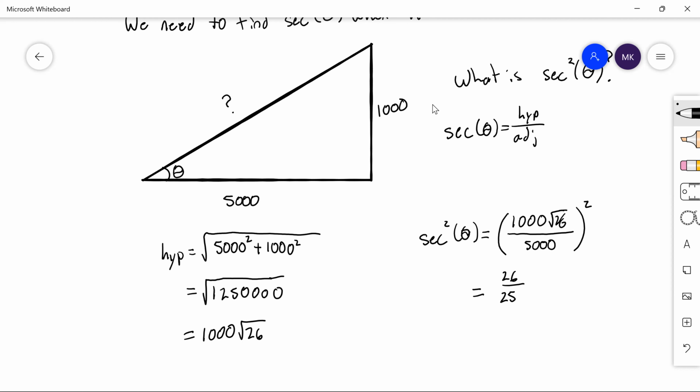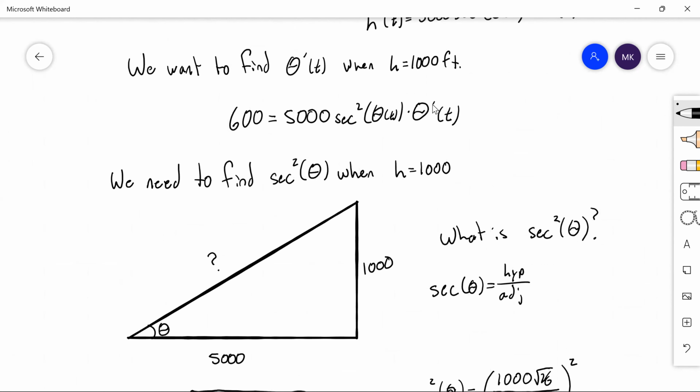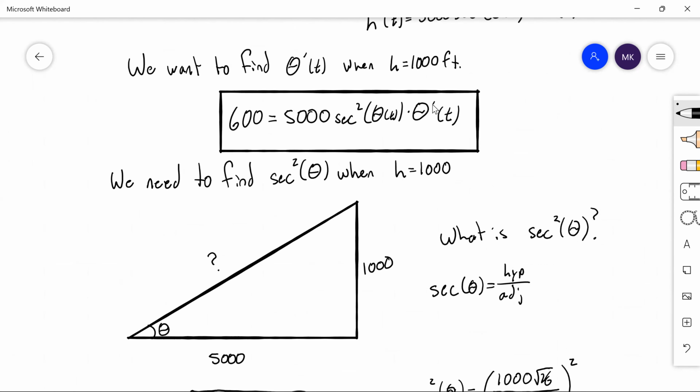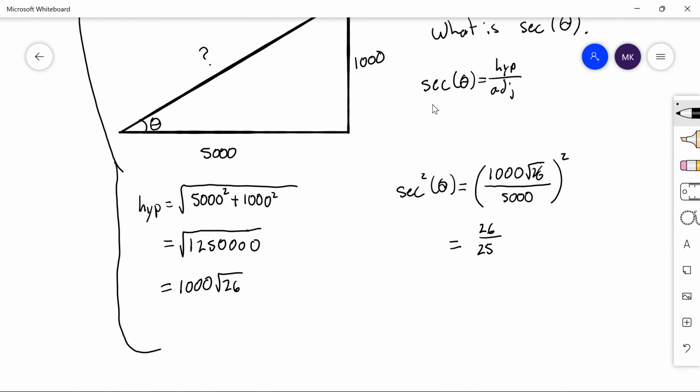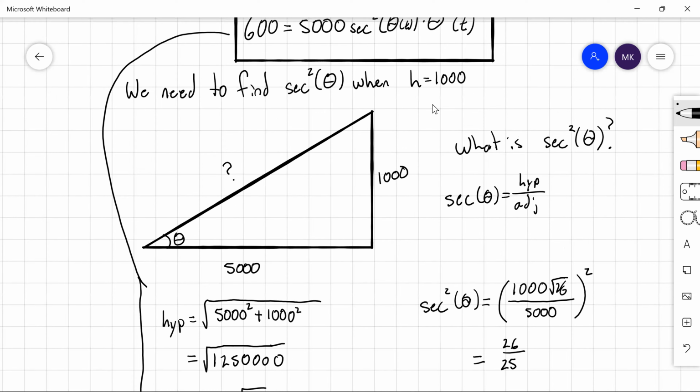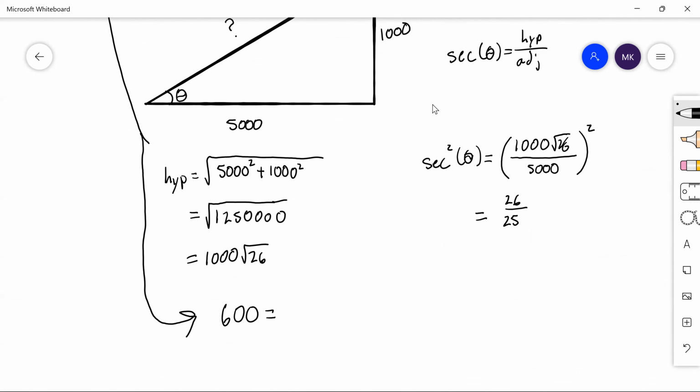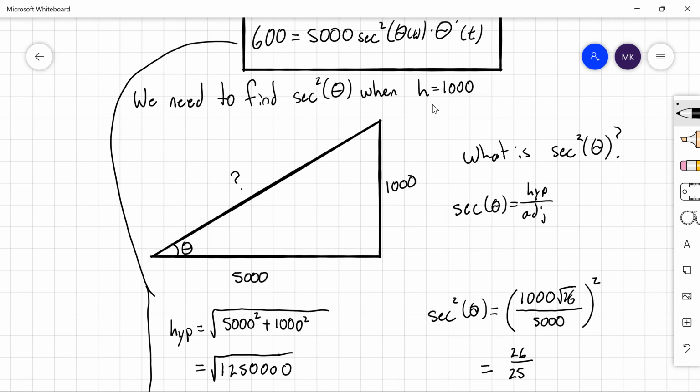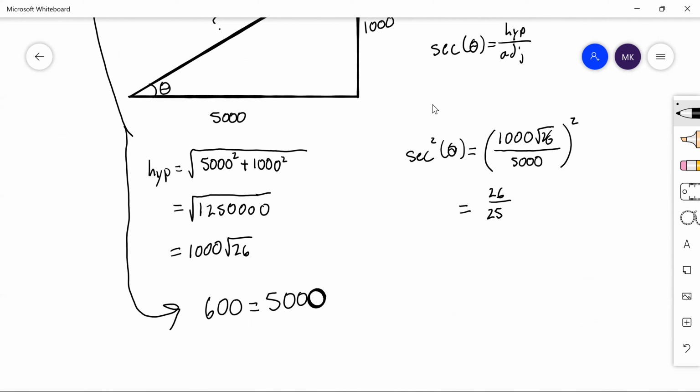Okay. So if we go back up and look at what we were looking at, we had this. So using that, we get 600 equals 5,000, and then instead of secant squared of theta of t, we have 26 over 25 times theta prime of t.